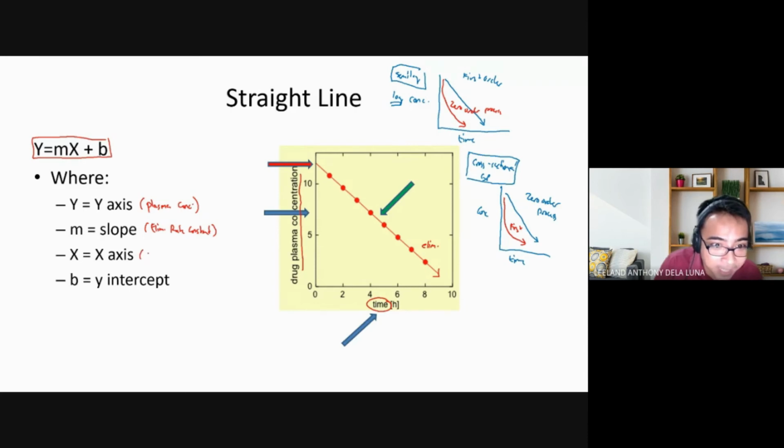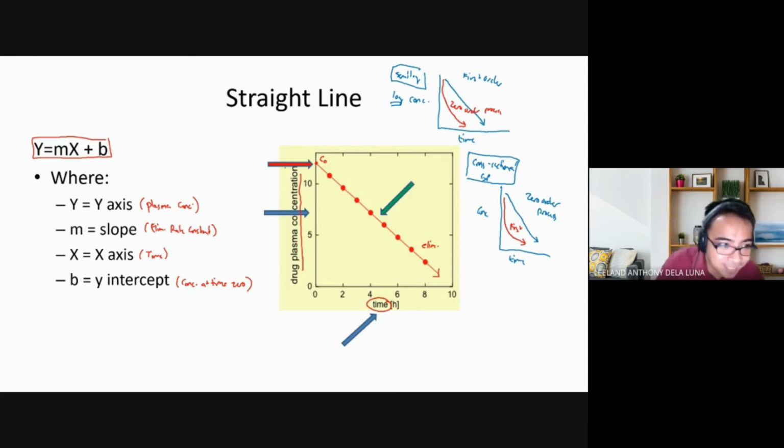Okay? Ano naman yung x-axis? Ano ba yung mga data na sa x-axis? It's time. And the y-intercept refers to, what's this? Sabi natin, it's where your line connects with the y-axis. So this is concentration at time 0. Are we clear?